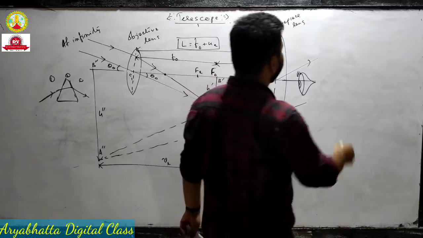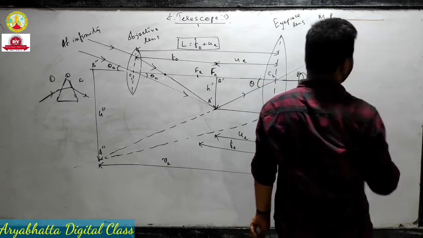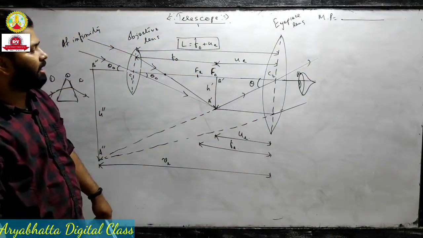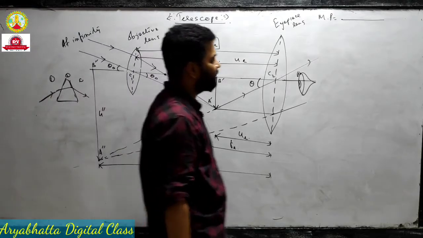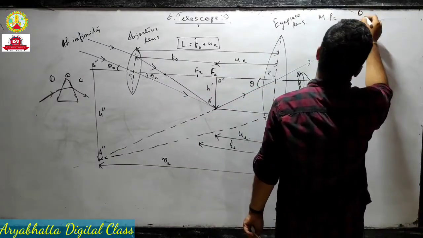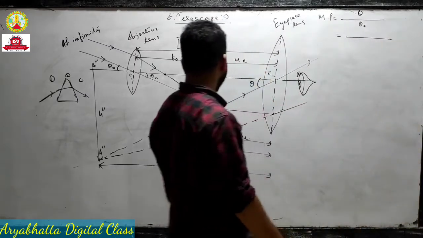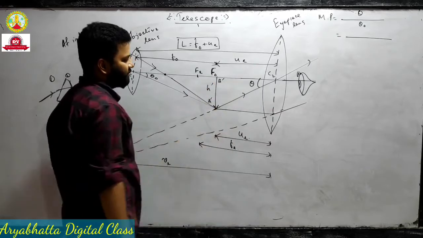So magnifying power, as you already know, what is the formula of magnifying power? It is the angle made by the image with the eye to the angle made by the object with the eye. So this is theta divided by theta naught. What is theta from the diagram? Theta is perpendicular by base.